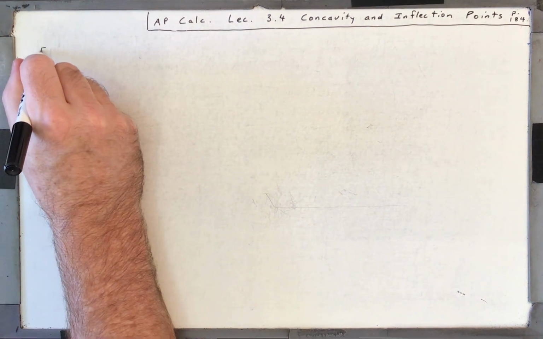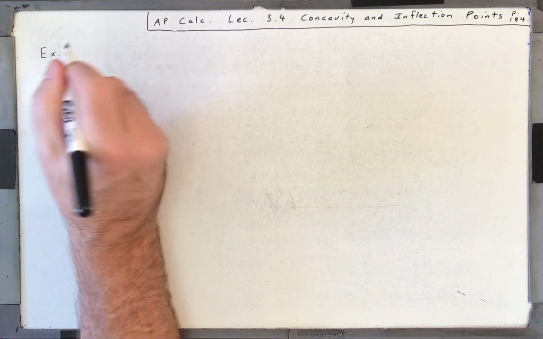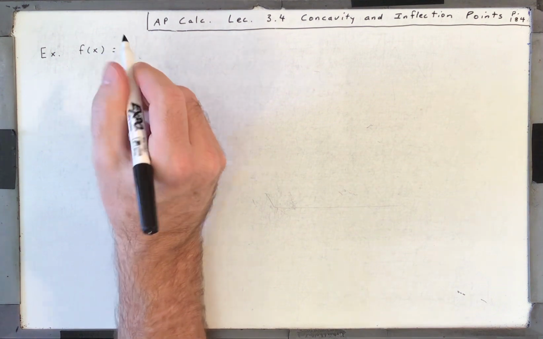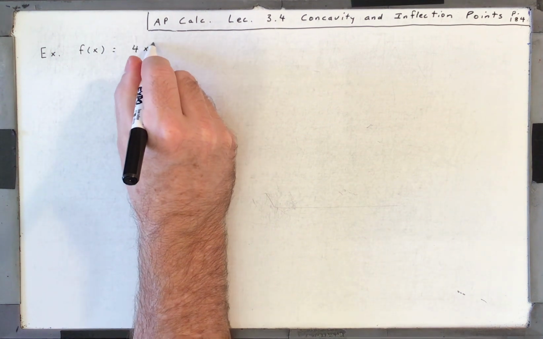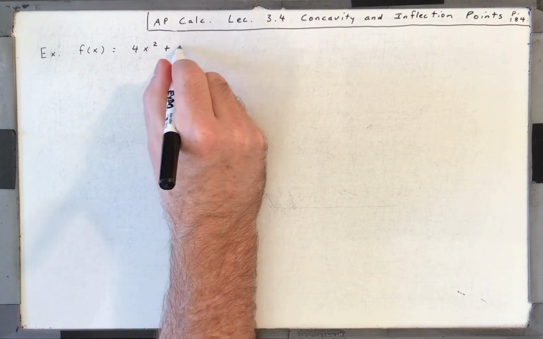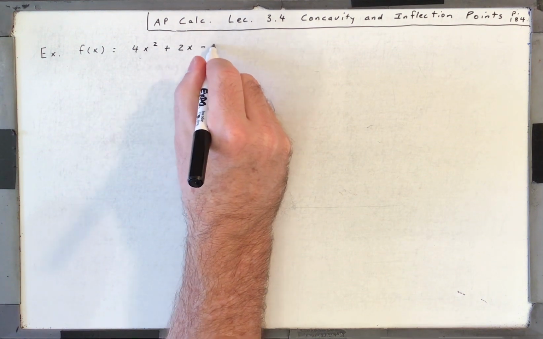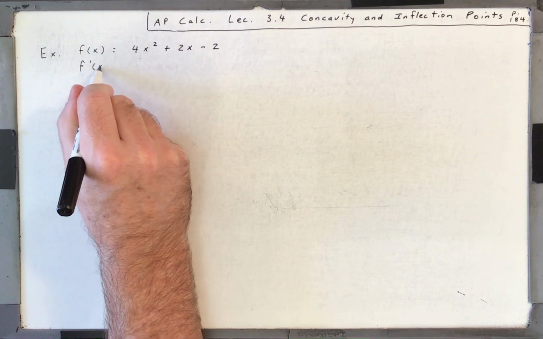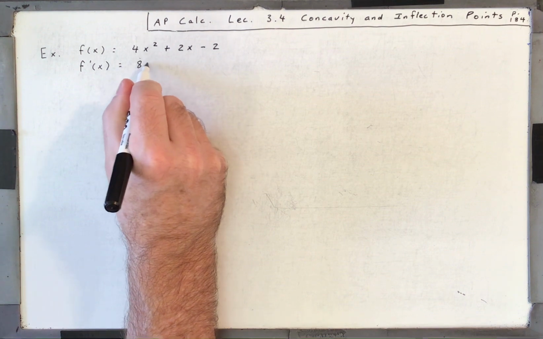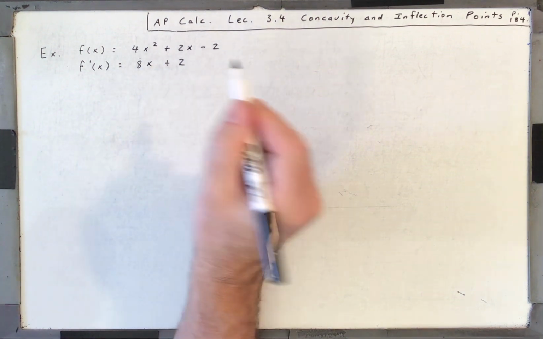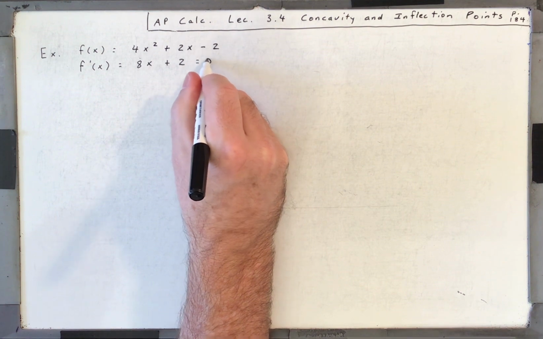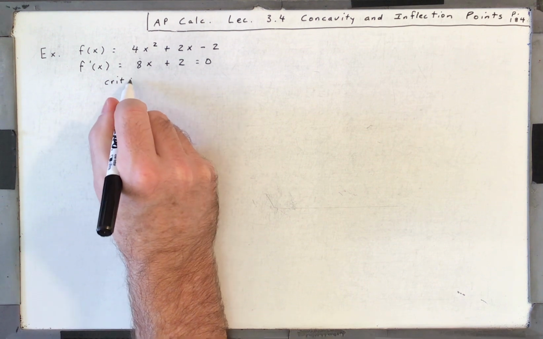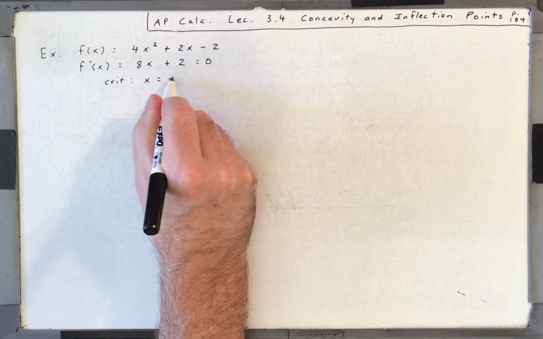Our first example is f of x equals 4x squared plus 2x minus 2. The first thing we want to do is take the first derivative, which is 8x plus 2. We set that equal to 0 to find the critical point, and yesterday we found that the critical point occurred at x equals negative 1/4.